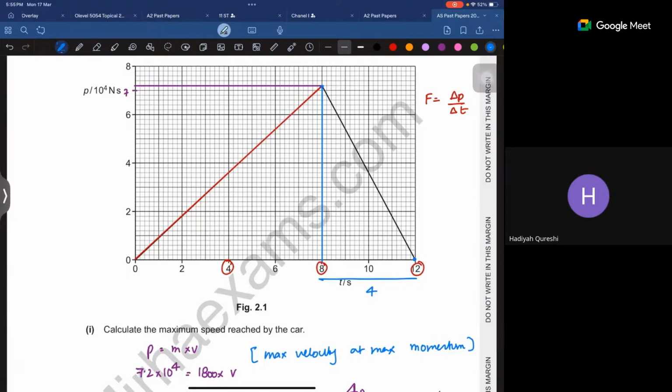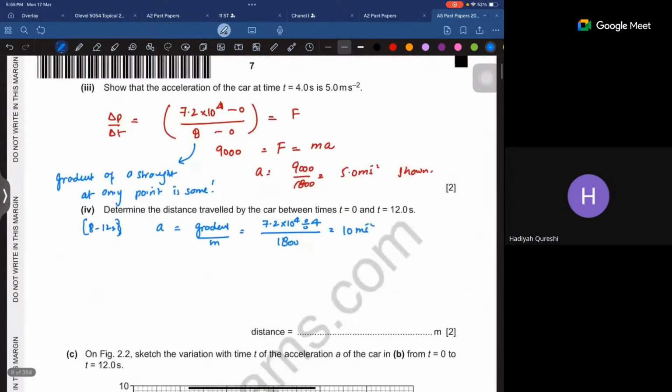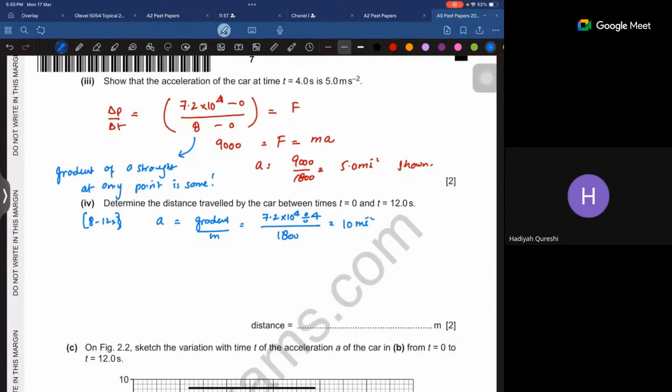So here for 8 seconds, we're going to use SUVAT, in fact, let's use 2as equals v squared minus u squared. So acceleration was 5 initially, and the displacement is what we need.